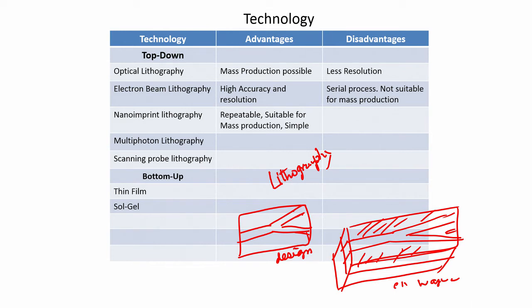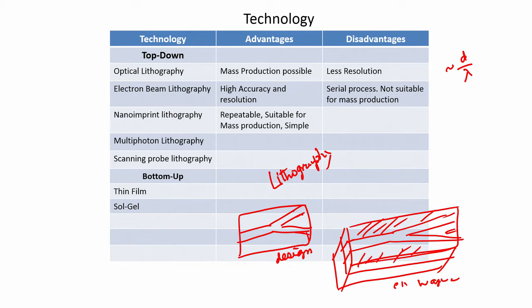This is a technology which is well suited for mass production, but the resolutions are limited by the wavelength of light that is used. The resolution limit is described in terms of the size of the features that you can get with respect to the optical wavelength.